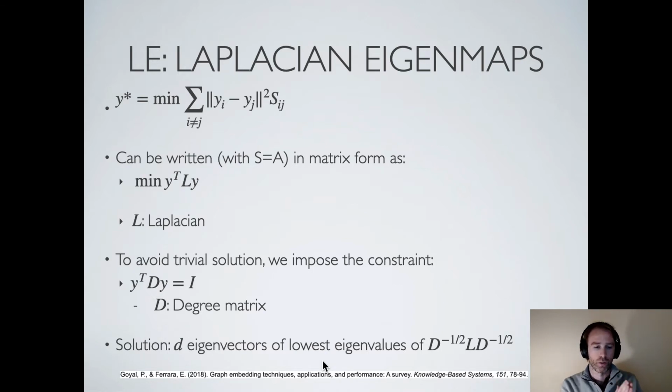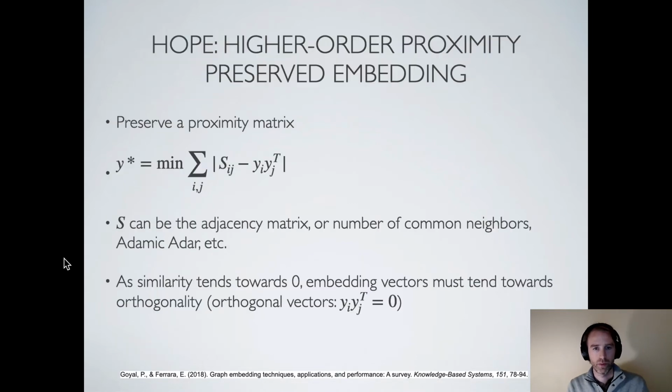So if you have d eigenvectors, the first element of the first eigenvector will be the first value of node 1. The first value of the second eigenvector will be the second component of the vector of node 1, and so on and so forth. So you have to find the eigenvectors of this matrix.